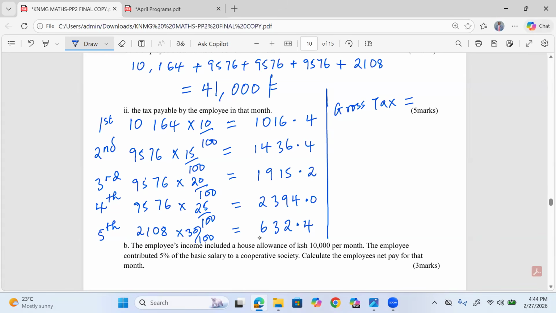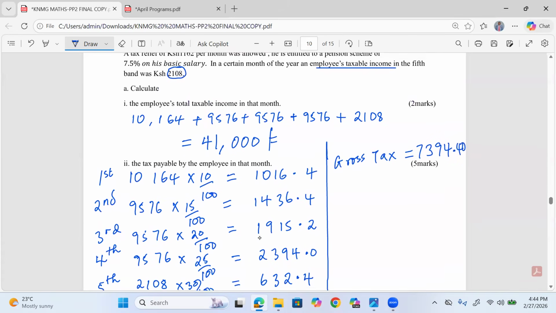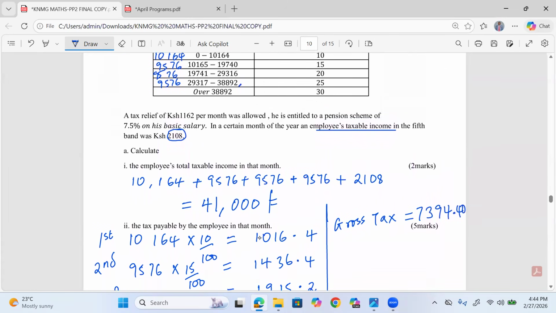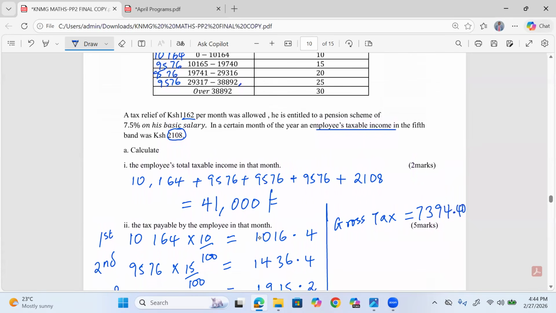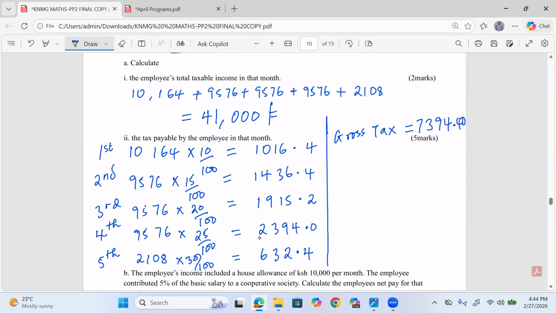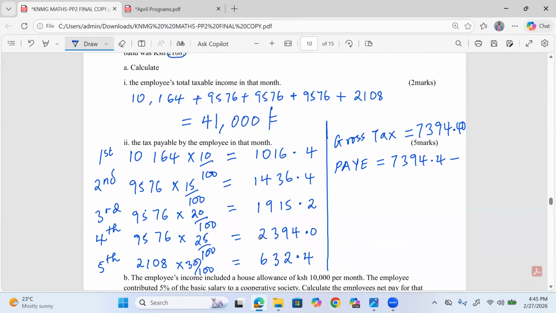So we are getting a gross tax of 7394 shillings and 40 cents. That is the gross tax. But now we need the payable tax, or rather the net tax, the PAYE. You know, there is a tax relief given per month. That means PAYE is gross tax minus relief. So minus a relief of 1162.